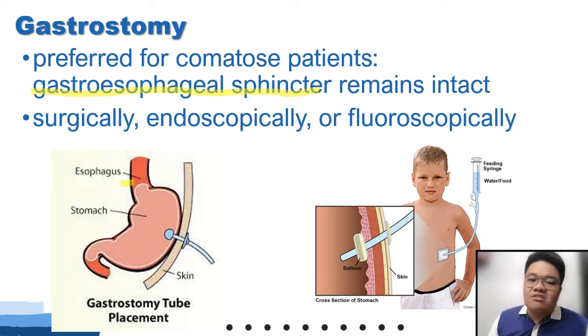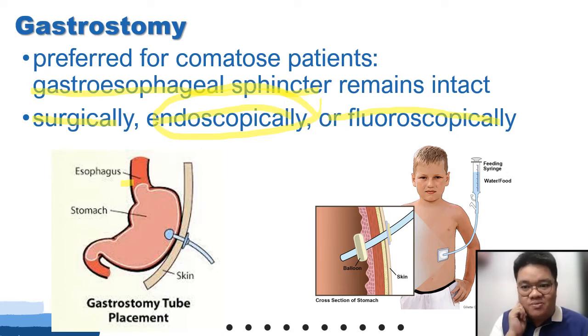Now, your gastrostomy tube could be inserted surgically, endoscopically, or fluoroscopically. Class, when I say endoscopic, usually a tube is inserted through the mouth of the patient and goes towards the stomach, and from that, the doctor will be making the incision to make your gastrostomy tube.